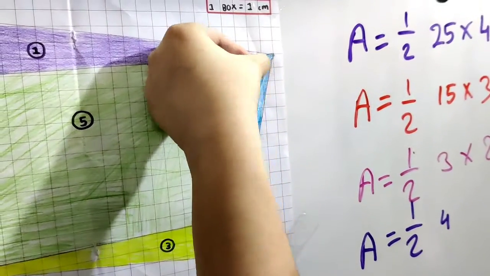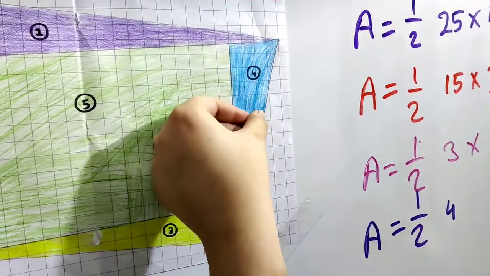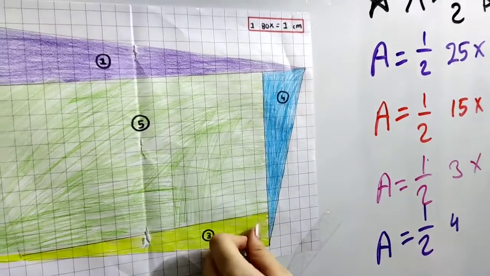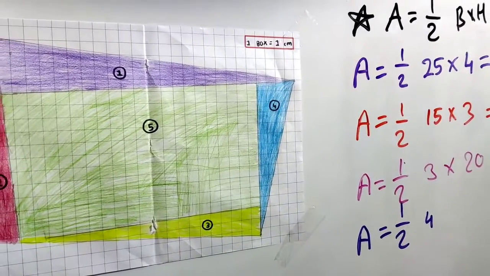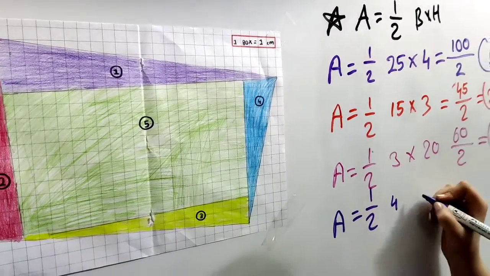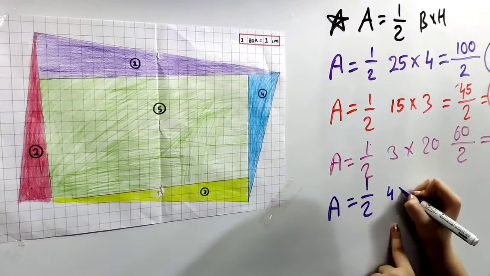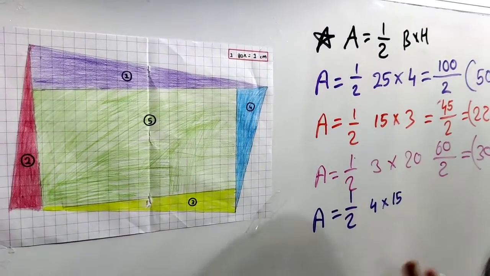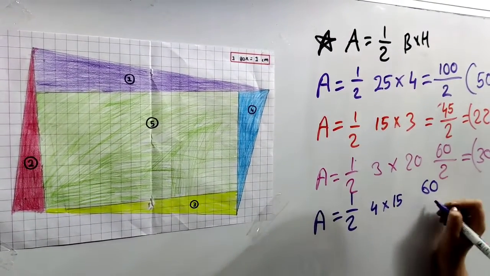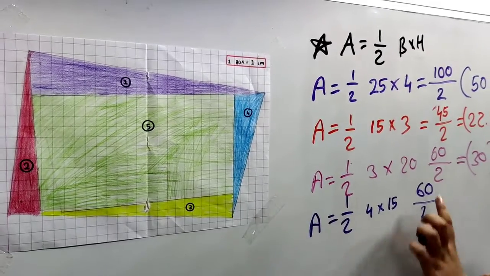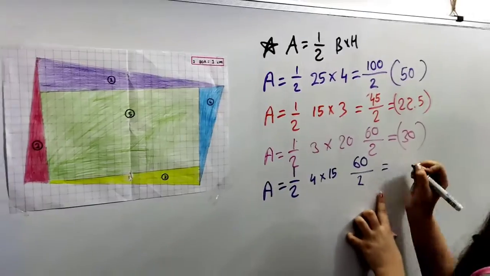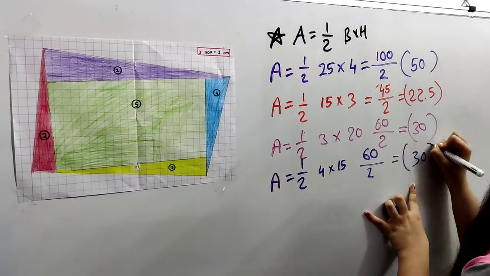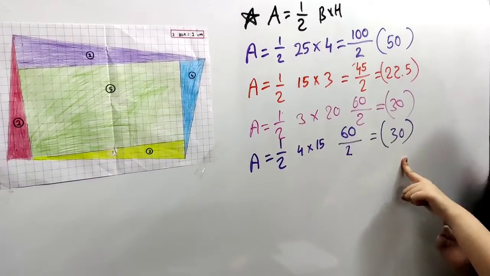And then when you count 1, 2, 3, 4, 5, 6, 7, 8, 9, 10, 11, 12, 13, 14, 15, you get 15 squares over here. So you multiply it with 15, okay? And then when you do that, you again get 60. So you divide 60 by 2, and when you do the equals, you will get 30. So again, keep the answer in your mind.